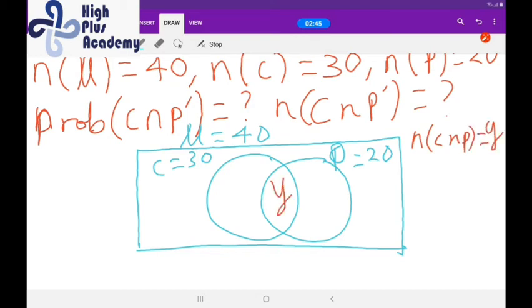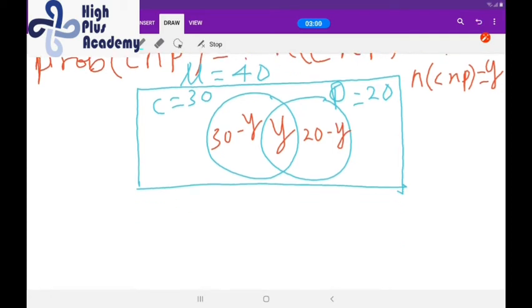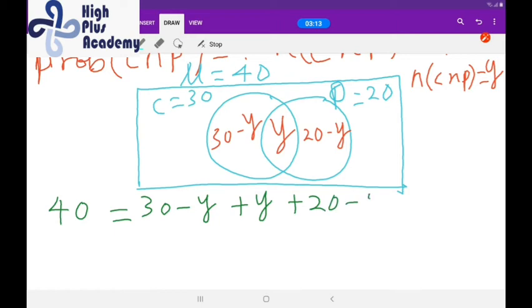So this is y. Those that read chemistry only will be 30 minus y. Those that read physics only will be 20 minus y. Very good. Now that will be 40 equals chemistry only 30 minus y, both y, physics only 20 minus y. Now let's collect like terms.